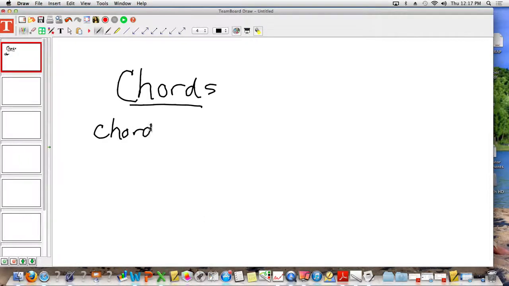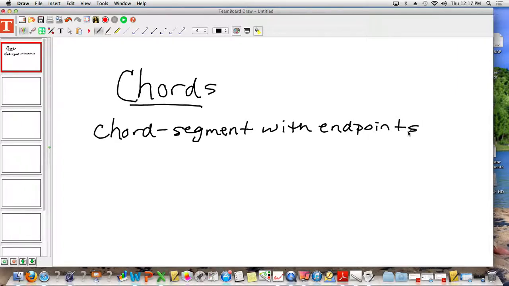A chord is a segment with endpoints on the circle.